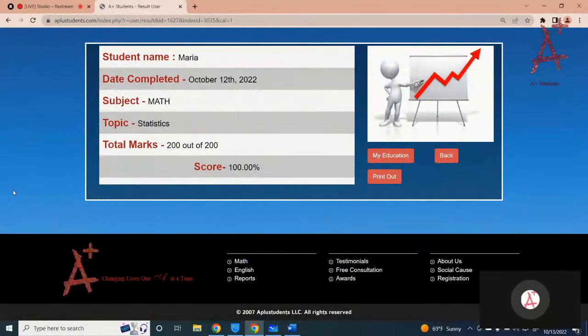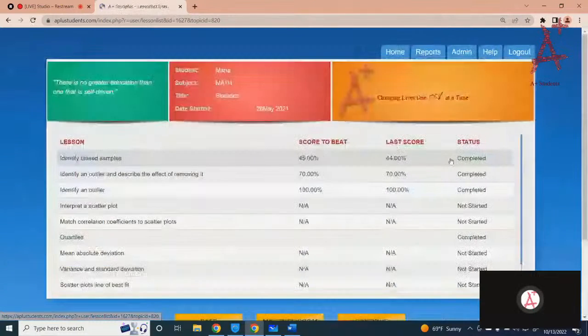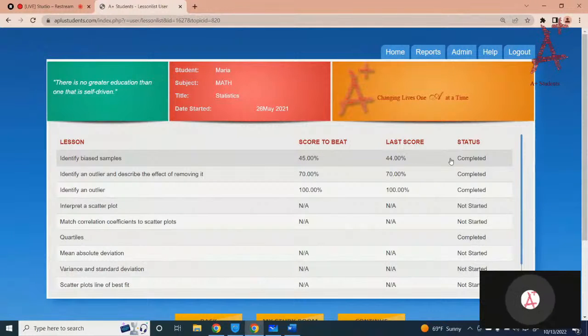Okay, so let's do a quick review of the topics we did today. We started with the final test of the linear inequalities. Then we started the new chapter, that is statistics. In the chapter, first we learned about biased samples, and then we did the outlier and the effect of removing the outlier.